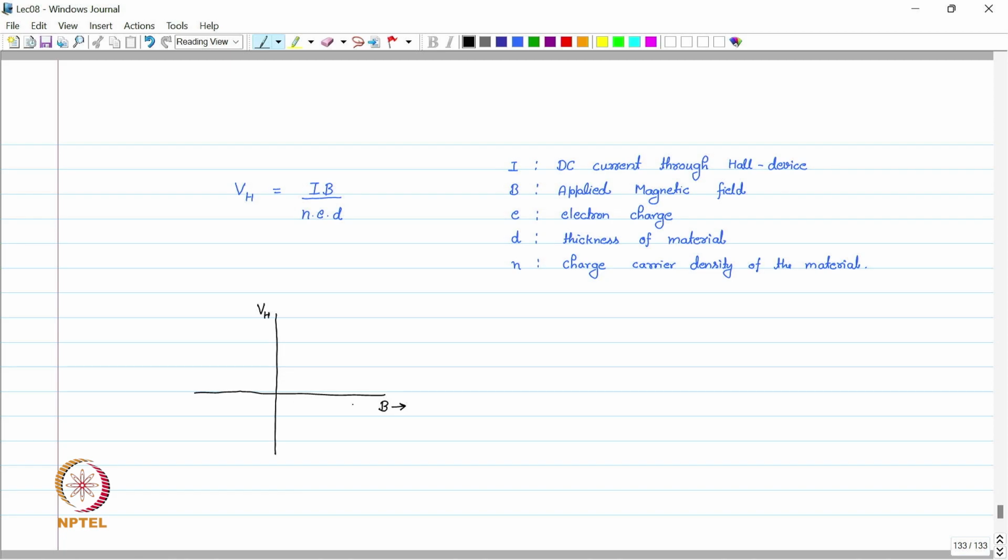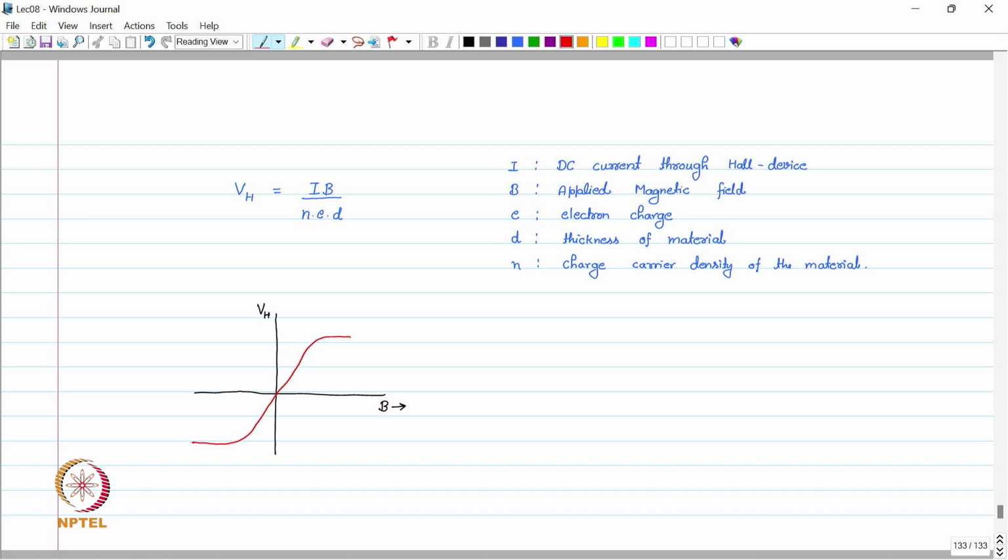So when the magnetic field is positive, we have, let's say, Hall voltage build up like this. And in negative, when the direction of magnetic field is reversed, the Hall voltage generated is in the reverse direction. So this is a typical generation of Hall voltage versus magnetic field.